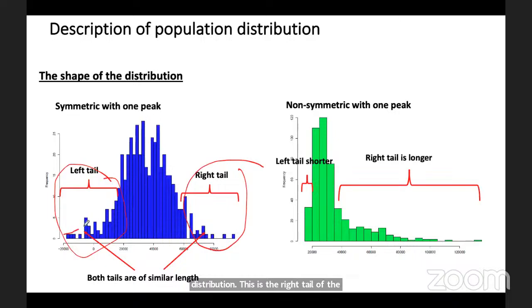Here we can say we have a normal distribution. While here, we have a non-symmetric distribution with one peak. This is our peak. We have the longer tail here. This is the right skewness, and then the shorter tail is on the left.